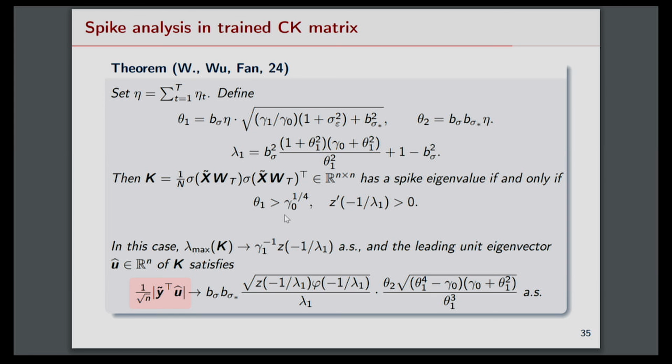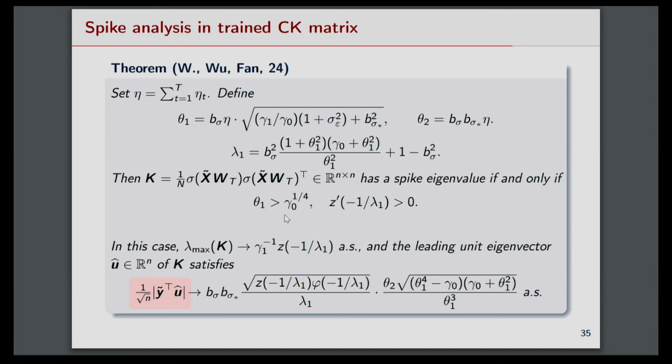Can you just remind me, what is gamma 0 here, the thing that controls the threshold? Gamma 0 is the ratio of the sample size to the input dimension. We consider high-dimensional data sets, so the input dimension is also growing to infinity. So what's the interpretation?